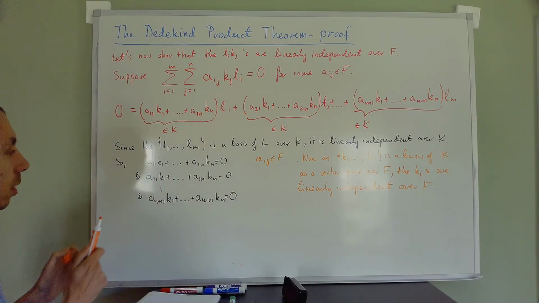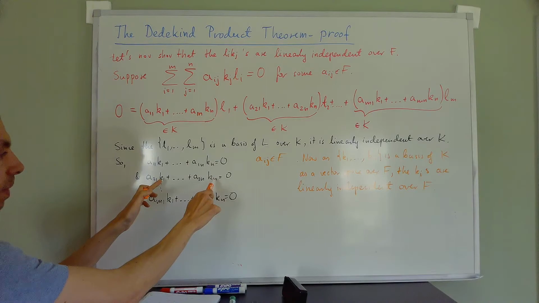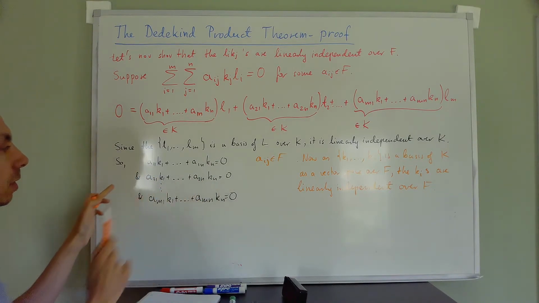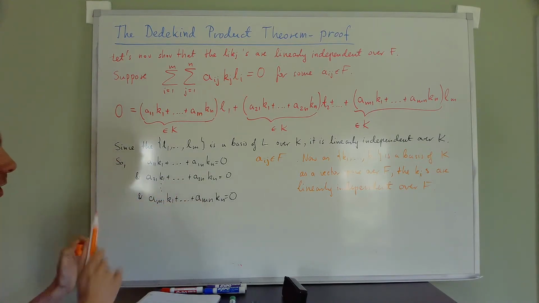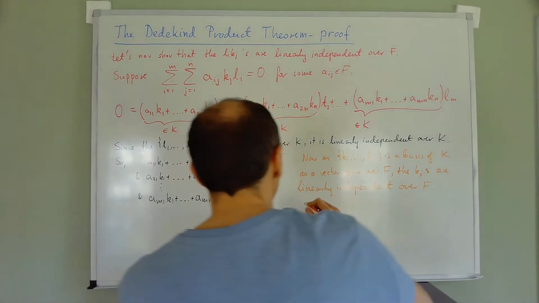Now looking at the second one, again the k_i's are linearly independent over F, and the a_21 and so on lie in F. So all of these a_ij's have to be 0. So proceeding like this, I get that all of them have to be 0.